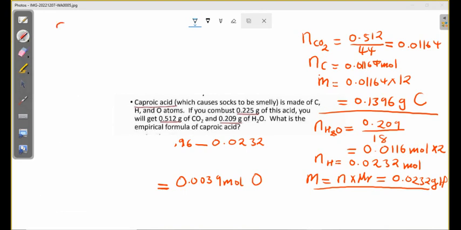For hydrogen, the moles are the same, 0.0116, and then for oxygen, that is 0.0039. So amongst these, which one is the smallest you can see? The last one is the smallest. So divide everything by 0.0039.